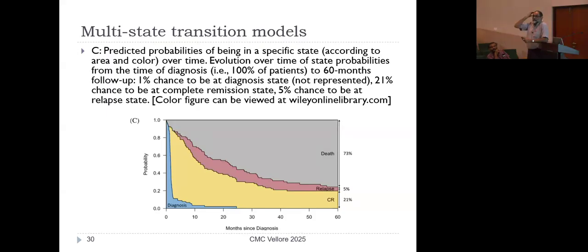Last state known carried forward. You're imputing it by saying it's whatever it was at the last one, we keep it. So that's overinflating your probability of remaining in that state. Drop them from this, but then you don't have everybody having the same amount of follow-up. Yeah. Good question.